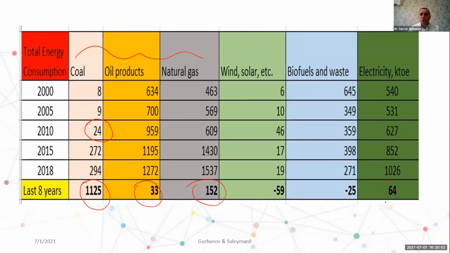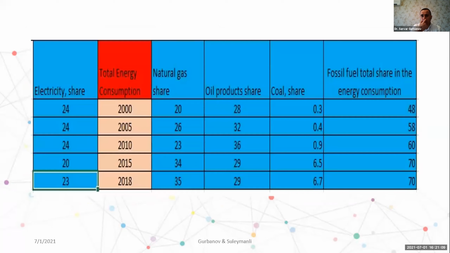Also, because of Bitcoin mining, the electricity consumption of the nation increases very fast, slightly over 60%. So it shows that there's a really high demand for generating electricity.